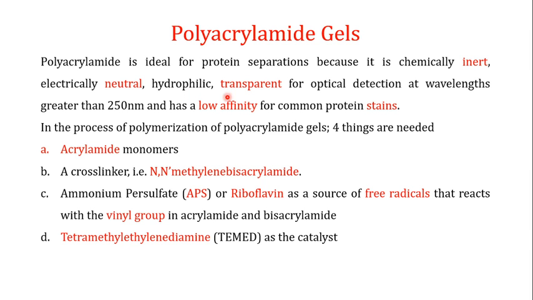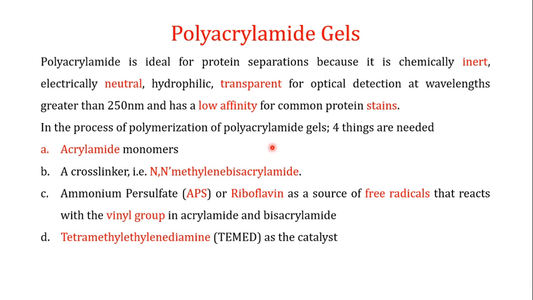It is hydrophilic, it is transparent for optical detection at wavelengths greater than 250 nanometers, and it has a very low affinity for the common protein stains that we just discussed. It has a very low affinity for the Coomassie stain and for the silver stains. So because of these properties, polyacrylamide is very ideal for the separation of proteins.